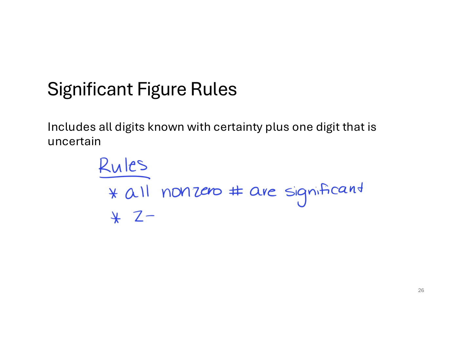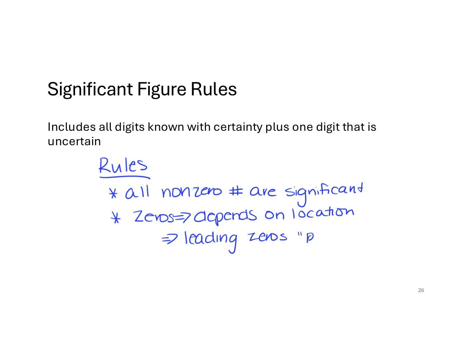So zeros are a problem, and with zeros, it just depends on the location. So what do I mean by that? Leading zeros are really what we often call placeholders.